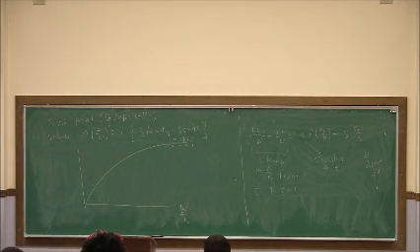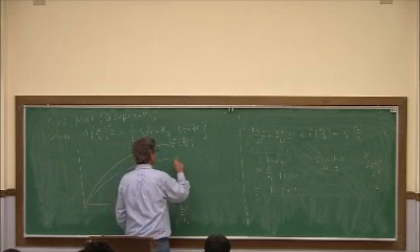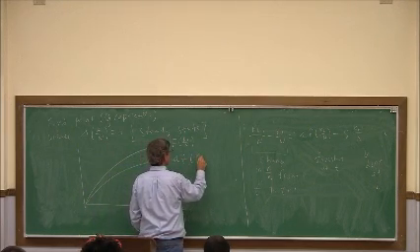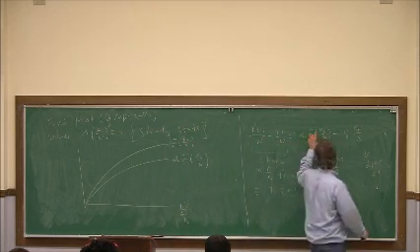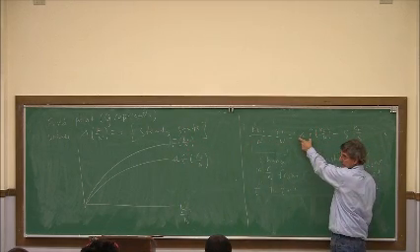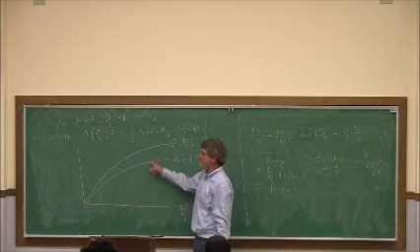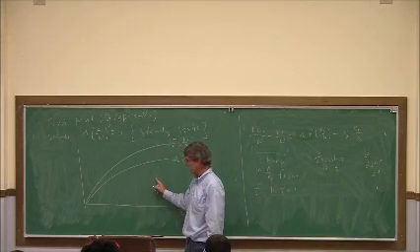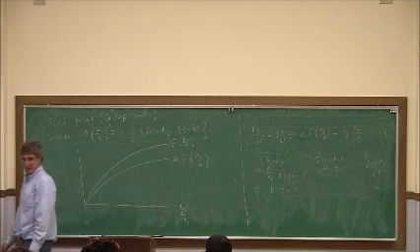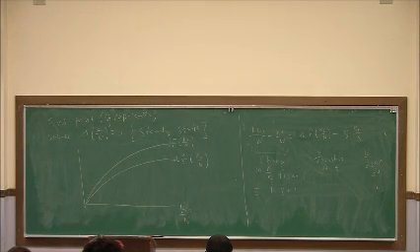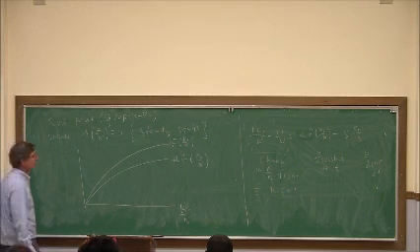So S F of K_t over N must look exactly the same. It's just rotated down. It looks just like the production function but it's a fraction of it. If S were 1/2, it'd be halfway between, everywhere. So it looks exactly the same, it's just rotated down by the fraction S.